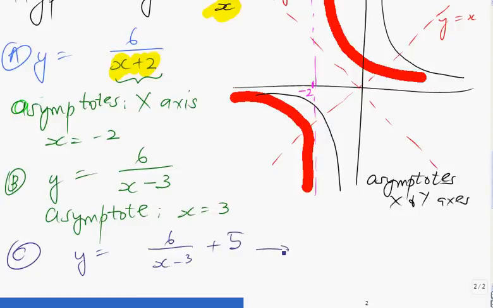So the asymptotes will now be at the line x equals 3, and also, since the whole thing has moved up 5 units, it'll also have an asymptote at y equals 5. So this is how shifting of graphs may be handled.